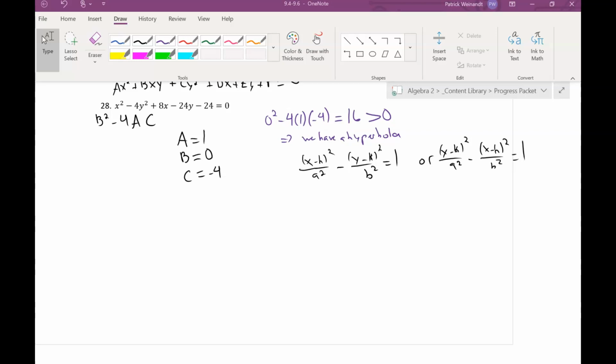So we can rewrite this whole thing as x squared, let's do pink, that seems fun, plus 8x, and then minus 4y squared minus 24y, and I'm going to move that negative 24 to the other side so it becomes a positive 24. And what we do to complete the square, look at each of these things individually.